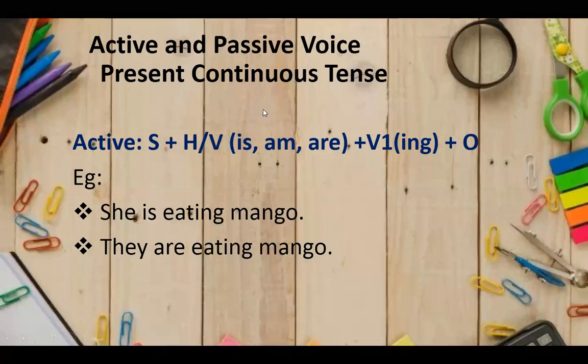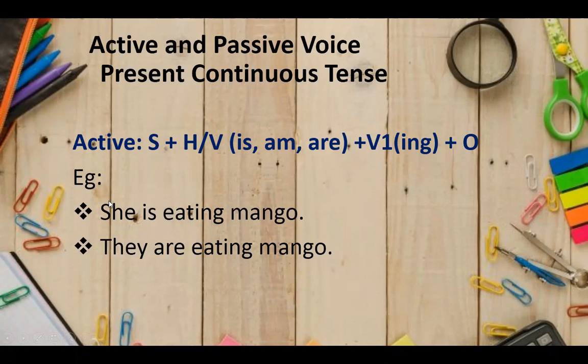And you know the helping verbs are is, am, and are. These are three helping verbs for present continuous tense.